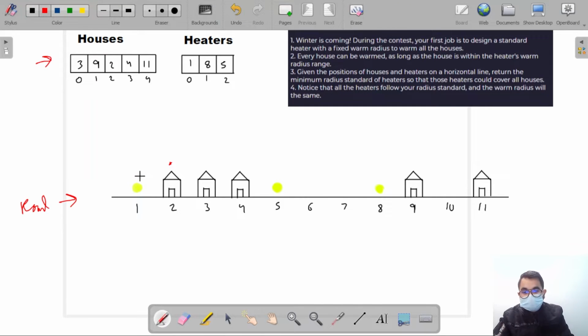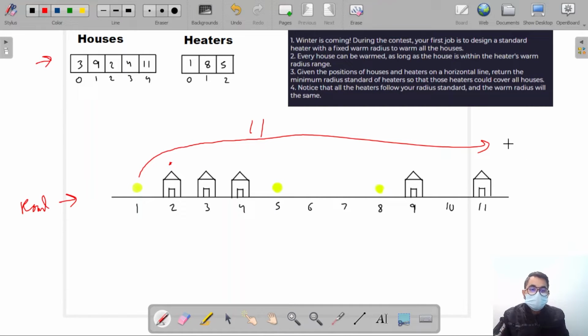If I design my heater such that it has a radius of 11, meaning that this heater can give its warmth to 11 plots on the right side and 11 on the left side.